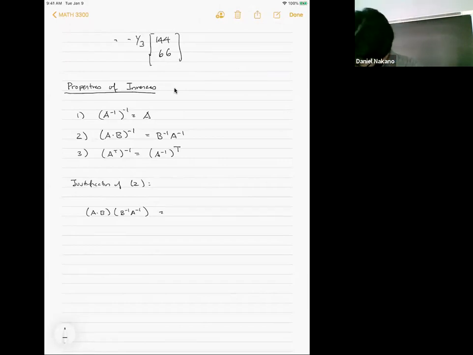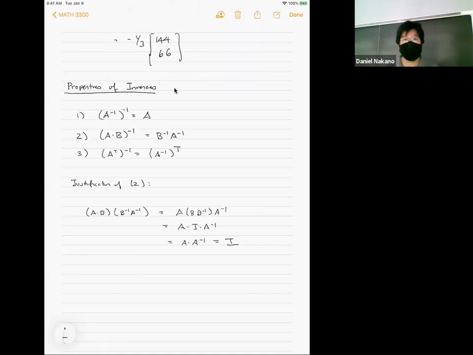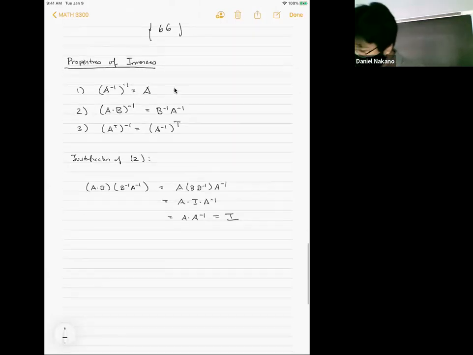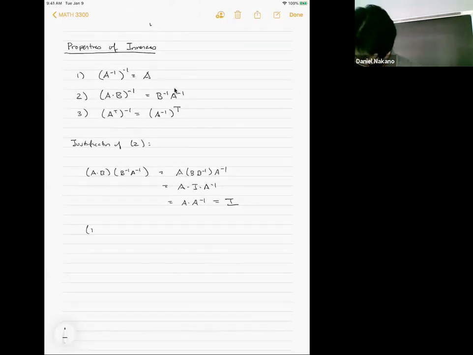So now I associate, so this is A, B, B inverse, A inverse, which is the same as A times identity times A inverse, which is equal to A times A inverse, which is identity. Okay. And then similarly, you can show that B inverse A inverse times AB is equal to identity also.